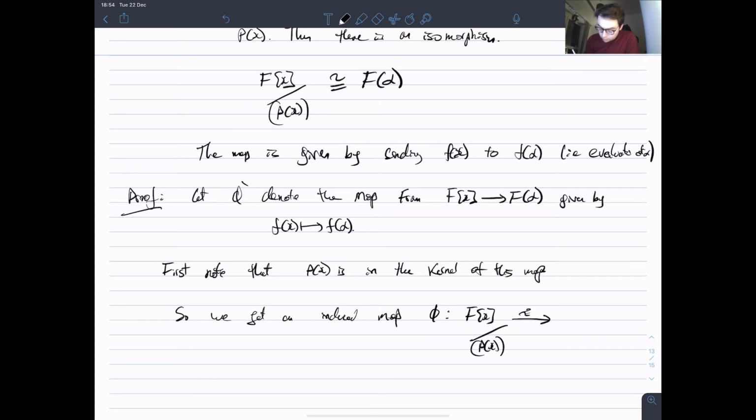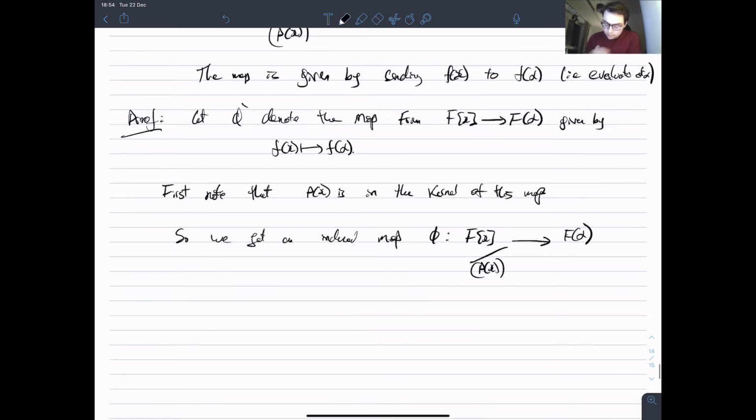Okay, I'm not saying it's an isomorphism yet. This defines me a map like this. The fact that P(X) is in the kernel means that this ideal is in the kernel. Remember, the kernel is an ideal. So you can sometimes say that the map factors through this ideal generated by P(X).